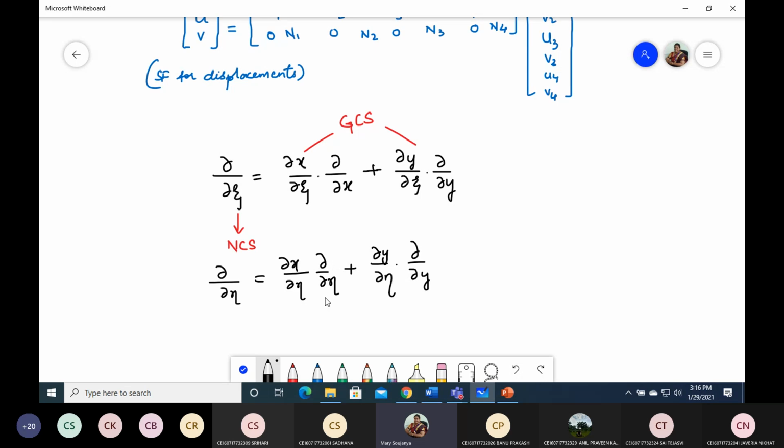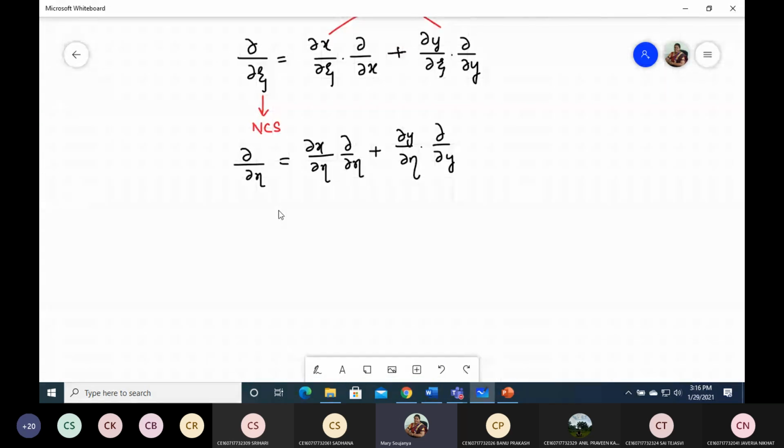Did you understand how we did this? Chain rule. This is x here, not eta.